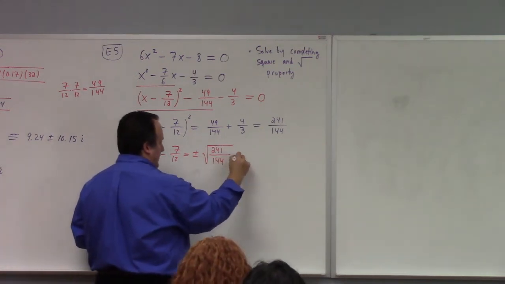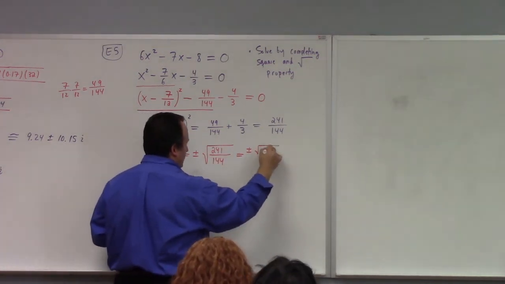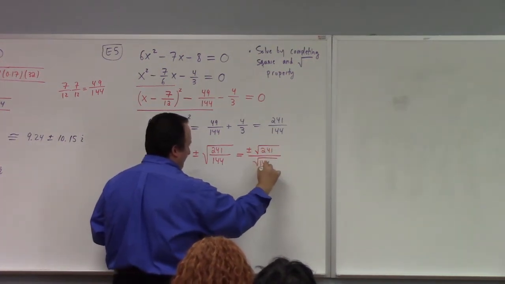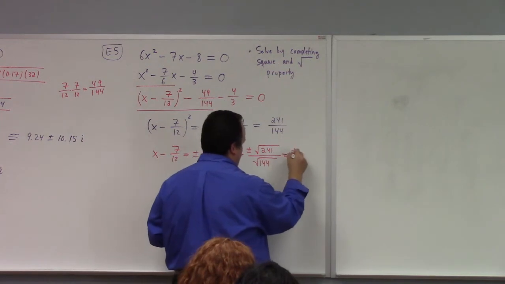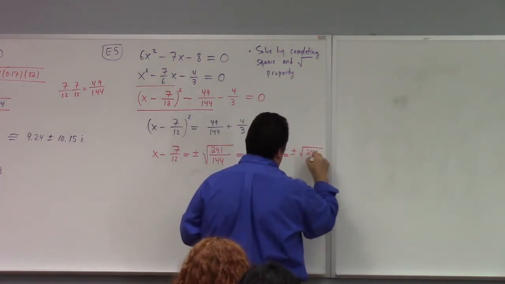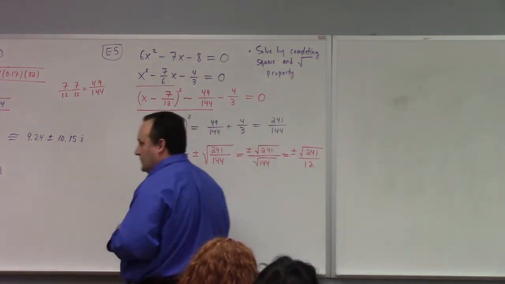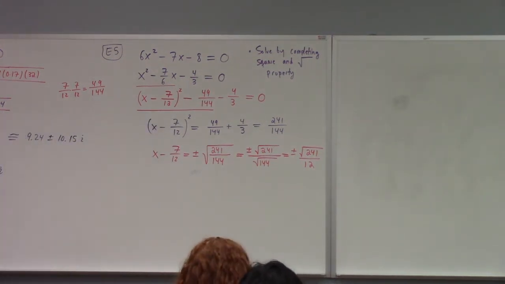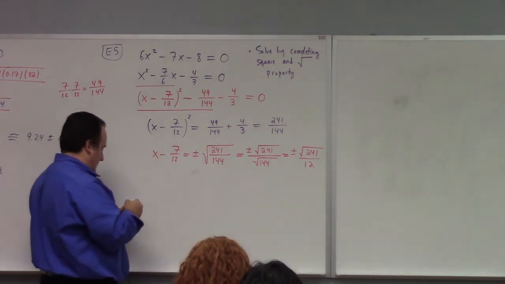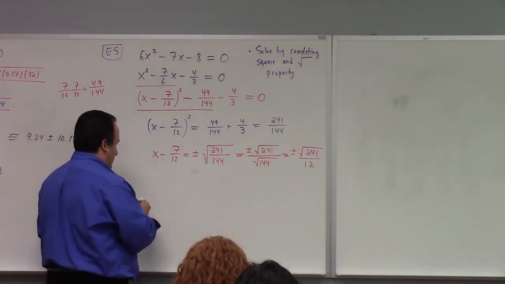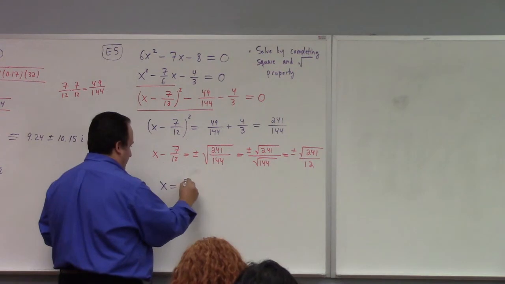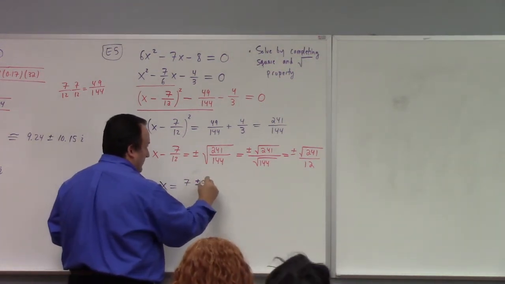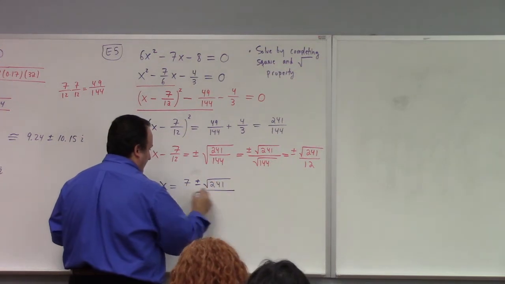But that is plus or minus the square root of 241 divided by the square root of 144, which is equal to plus or minus the square root of 241 over 12. So in fact, we have a common denominator of 12 everywhere. Solve for x, and we find x is equal to 7 plus or minus the square root of 241 divided by 12.